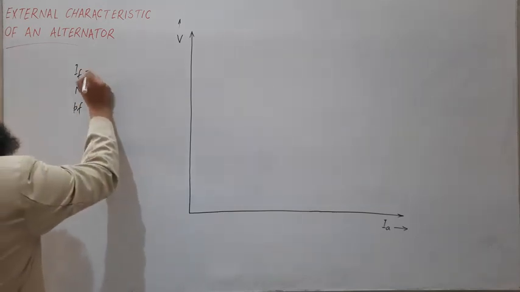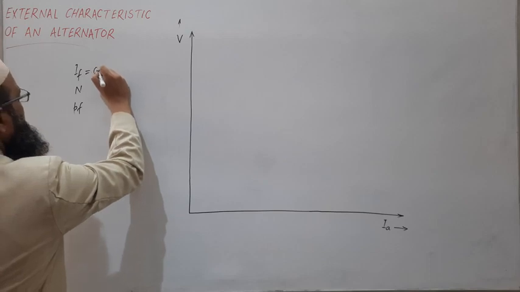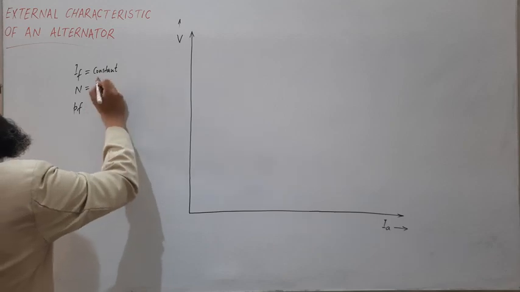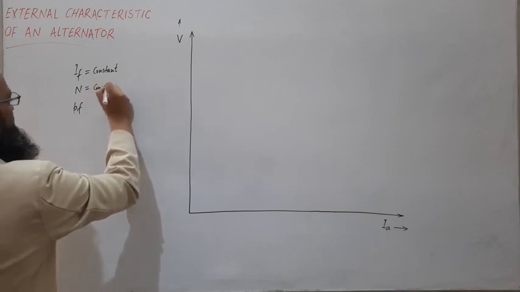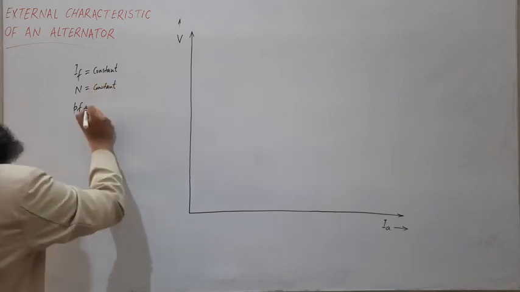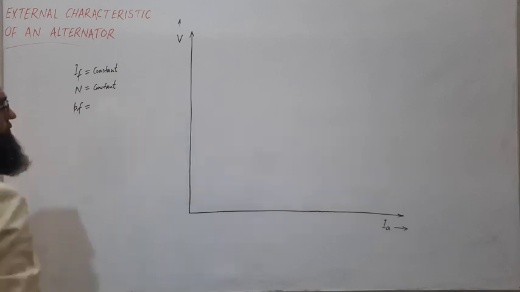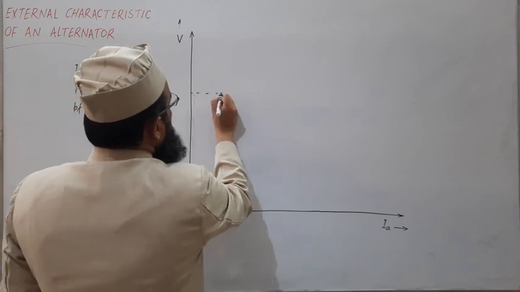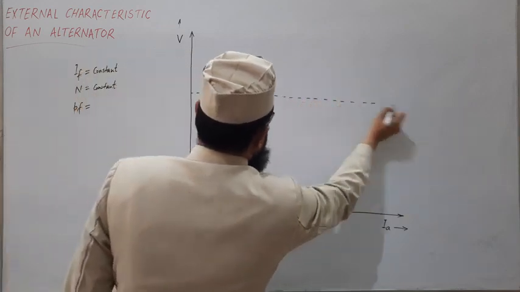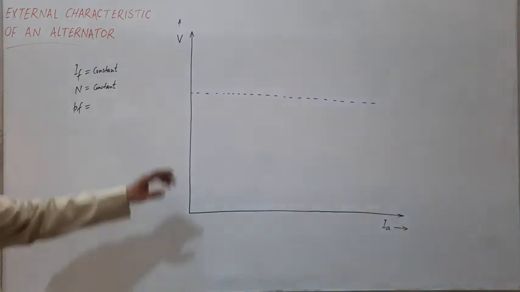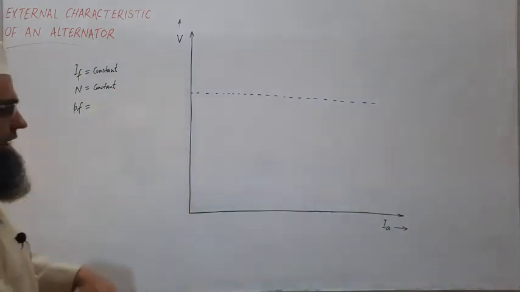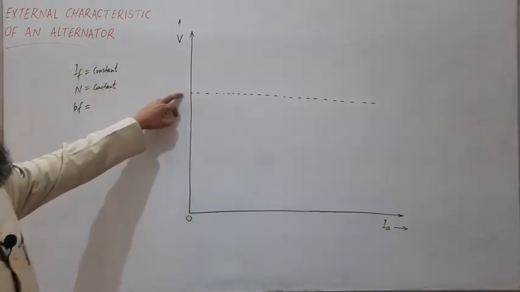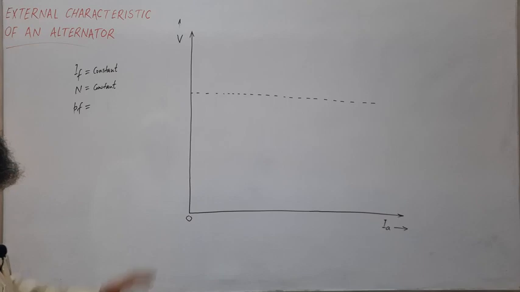That is, if field excitation is fixed, the speed of the rotor is also fixed, and for a given power factor. So first draw a horizontal line corresponding to no load terminal voltage. When Ia is 0, so EF is equal to no load terminal voltage.